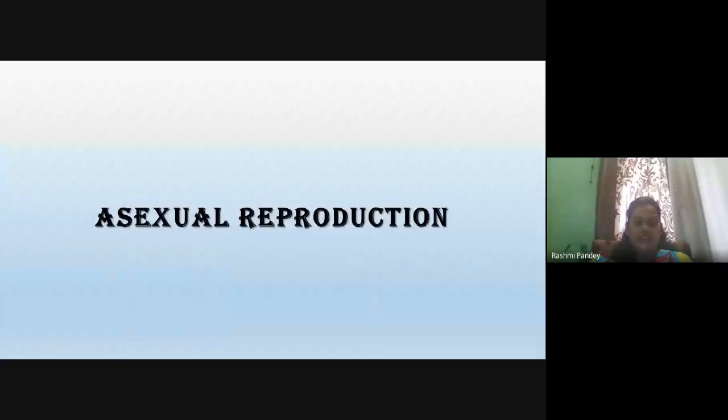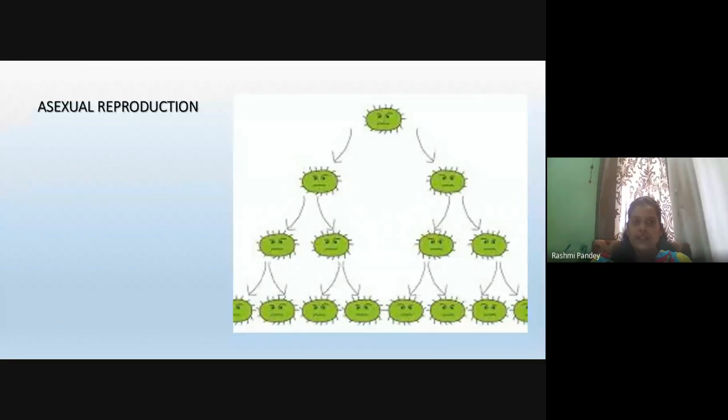Okay, so let us just begin with what exactly asexual reproduction is and how it occurs in the Phycomycete members. So this is the picture depicting a kind of asexual reproduction. You can keenly observe what exactly is happening over here.